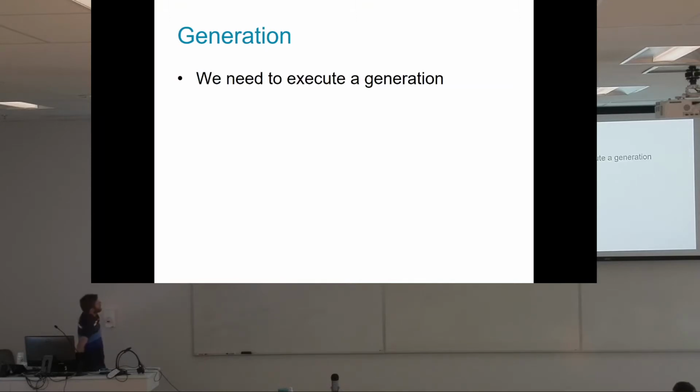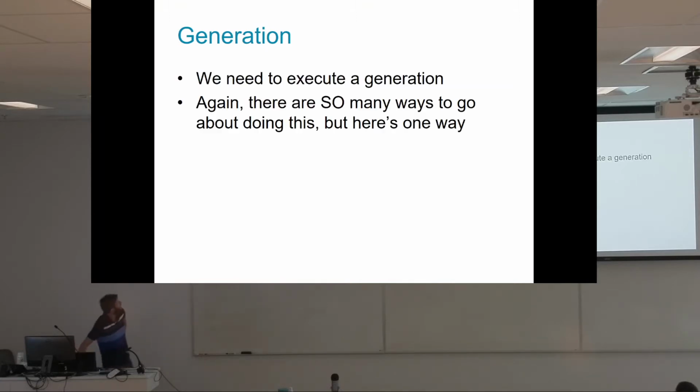And now a generation. How are we going to do this? Well, to execute a generation, there are a lot of ways to do it. The 2 big ones we're talking about are steady state versus not steady state, the one I was calling the discrete one. I like the discrete one. It's easier to me. You have a population of size 100.